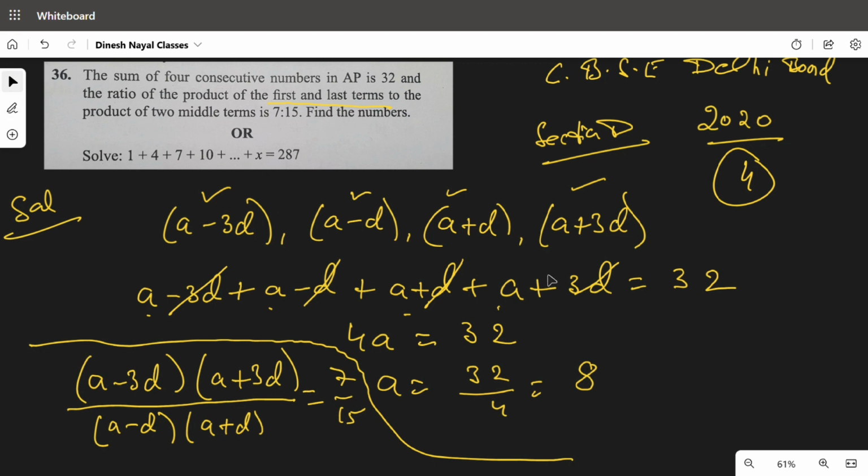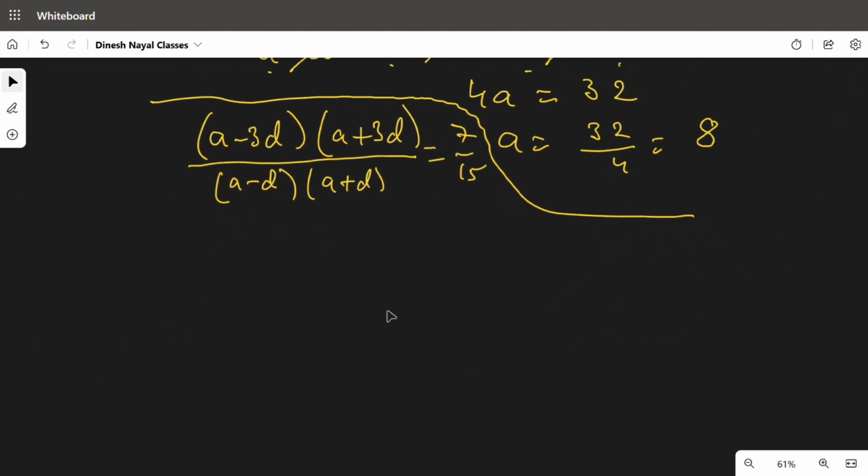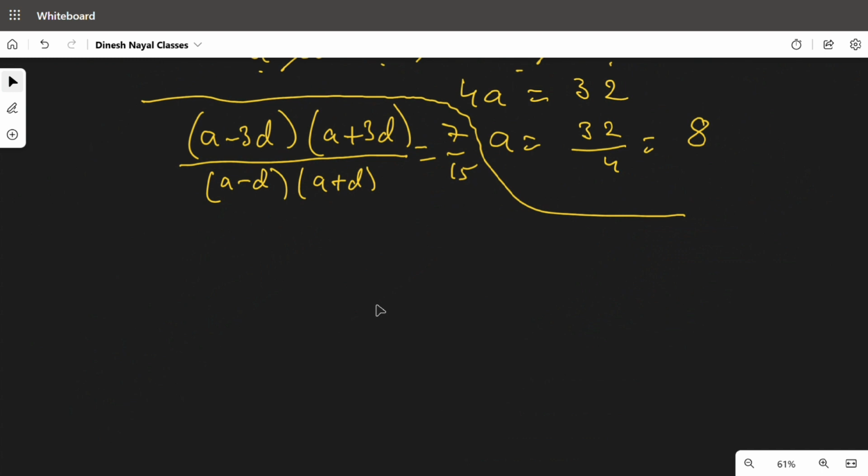Okay, now let's try to solve this. You remember that our A is 8. This is of the form A plus B and A minus B, and the formula for that is A square minus B square.